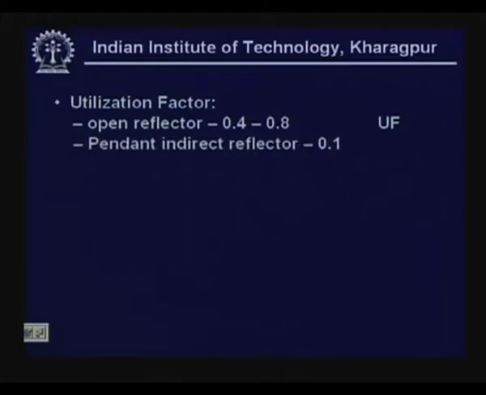Now this apart, there is yet another factor called utilization factor. Depending on the type of lamp we have, there are different kinds of utilization factor, which means out of the total light that's available, how much of it is getting used.